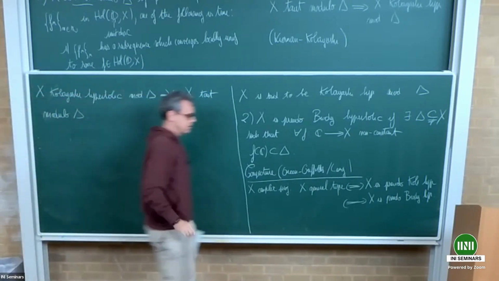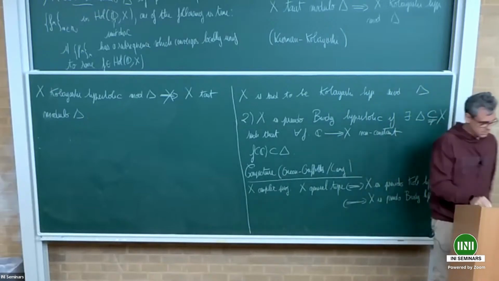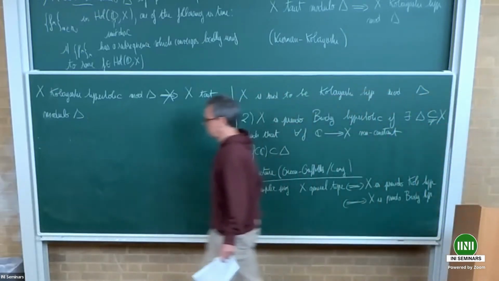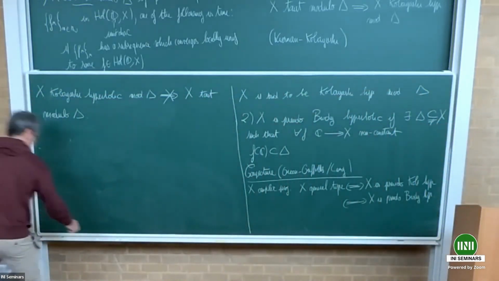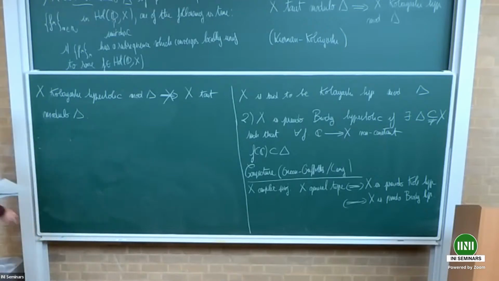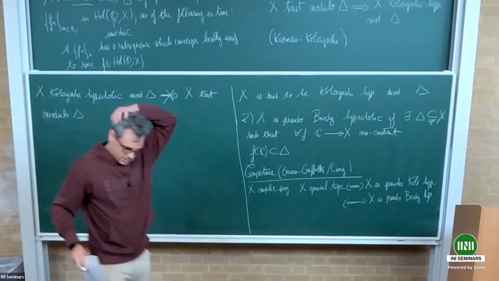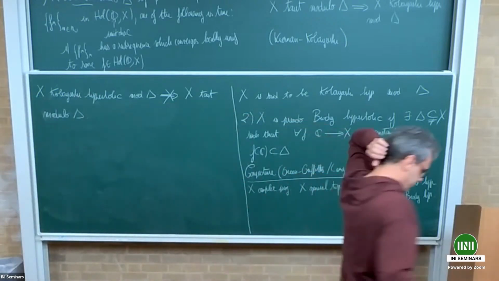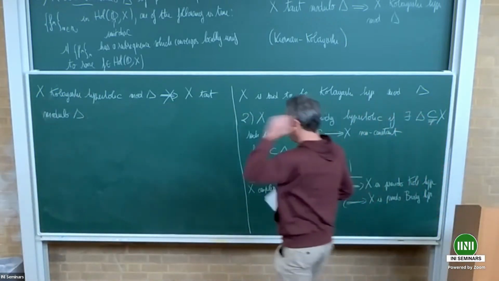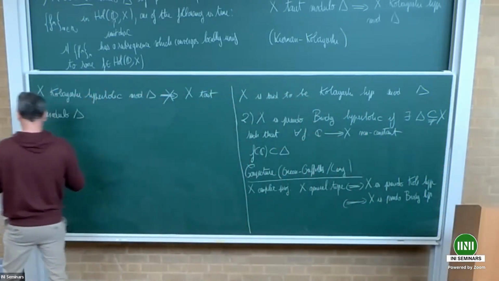So I give you the example because it's always the same kind of example. It's the same example that shows you that Kobayashi hyperbolicity is not a birational notion.